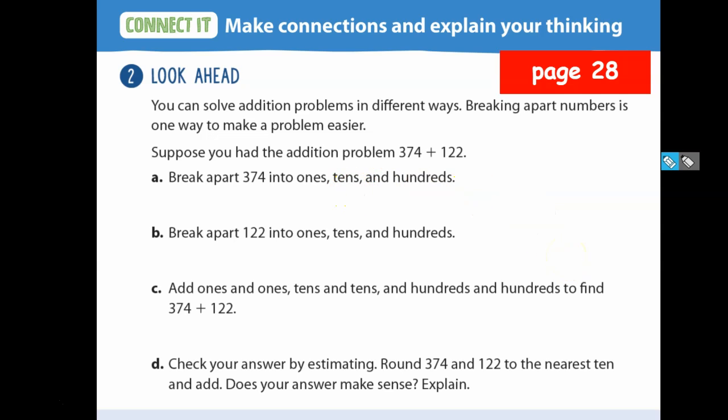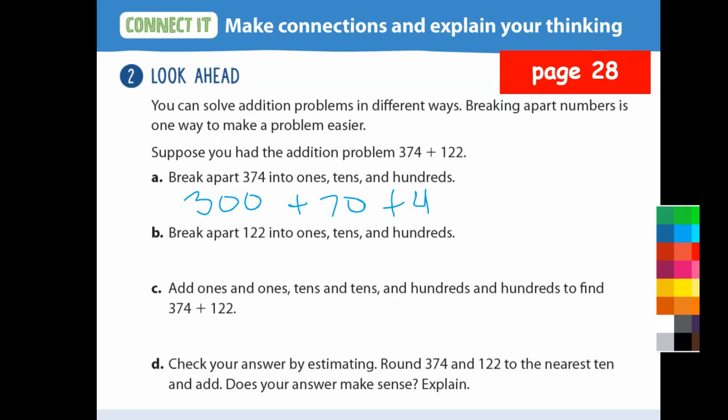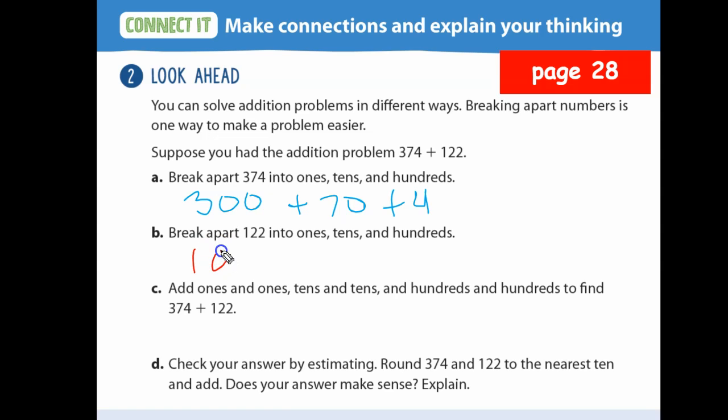Look, he did 300 plus 70 plus 4, and then they broke apart 122 into ones, tens, hundreds. So 100 plus 20 plus 2. And then they added all the ones, all the tens, and all the hundreds together.